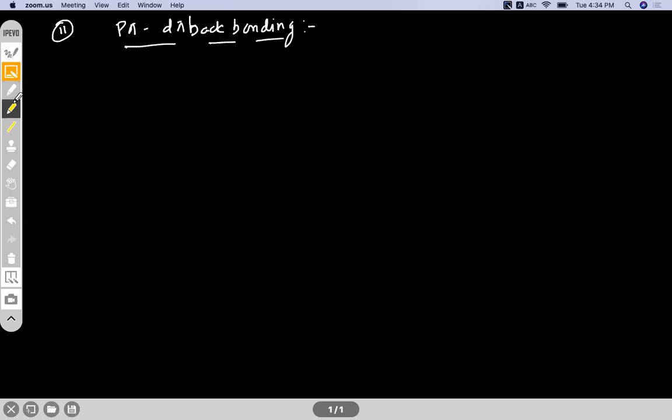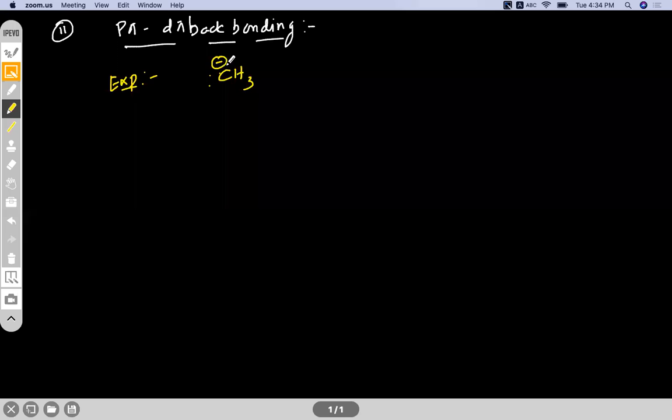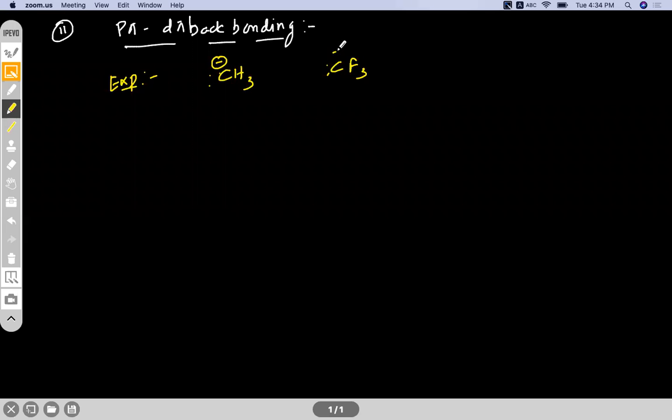Okay, so if you see here, the stability of, suppose we have CH3 negative charge carbanion and CF3 negative charge carbanion. Because of more electronegativity of fluorine, CF3 minus is more stable than CH3 minus.